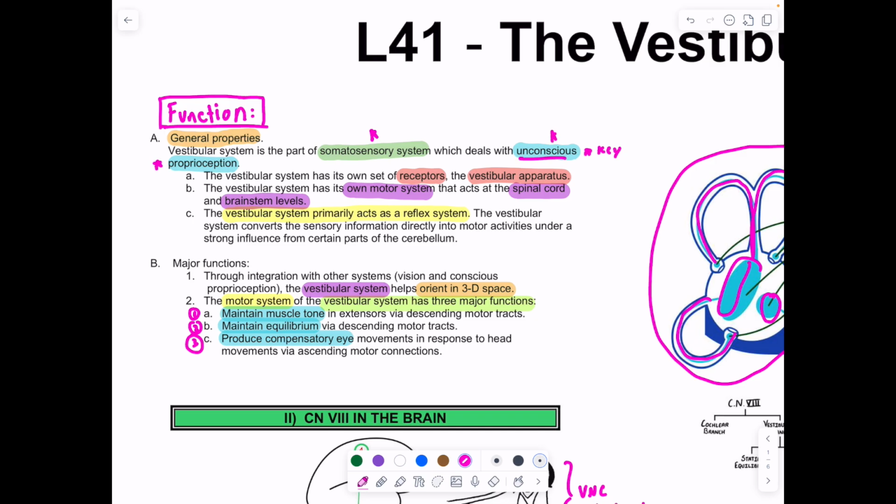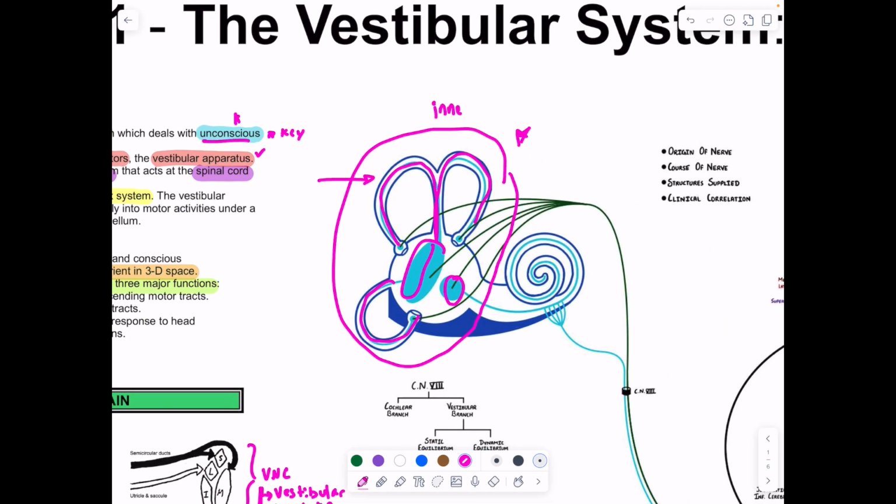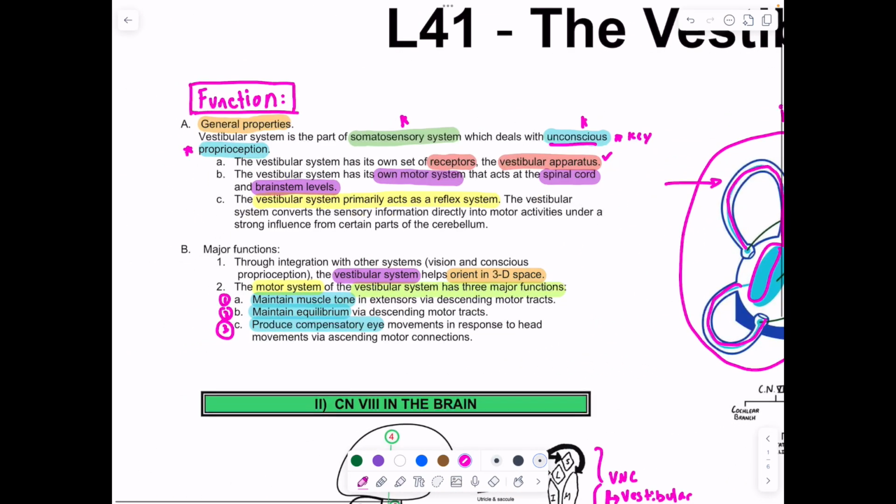The vestibular system is keeping you upright by allowing extension of your muscles. It has its own set of receptors, the vestibular apparatus right here, part of the inner ear. Nice, we know all this, and it has its own motor system that acts at the spinal cord and brainstem levels, which we'll see it's not too bad.